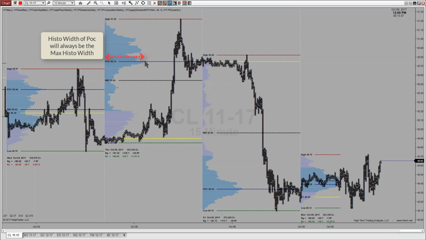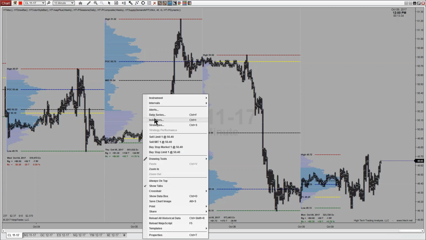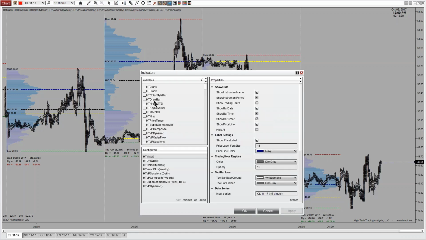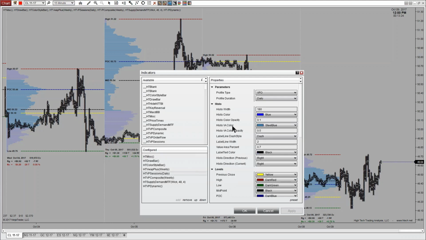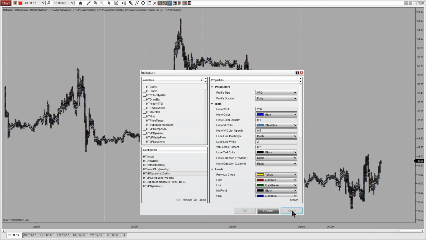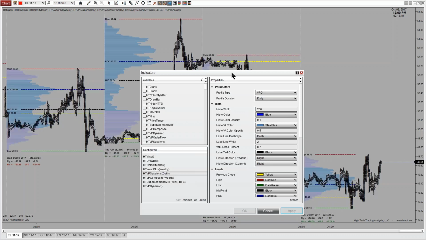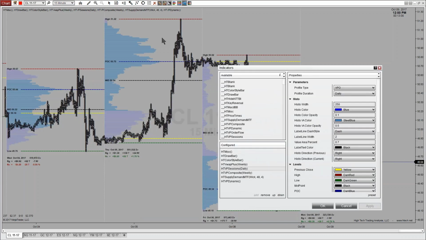We say that that POC, the highest value at whatever price, equals the full extent of whatever it is. Now, in my case, if we go into my indicators, we can see here in the sessions that I have this set to 180 pixels for my histogram width. If I set this to 250, my histogram's much bigger.